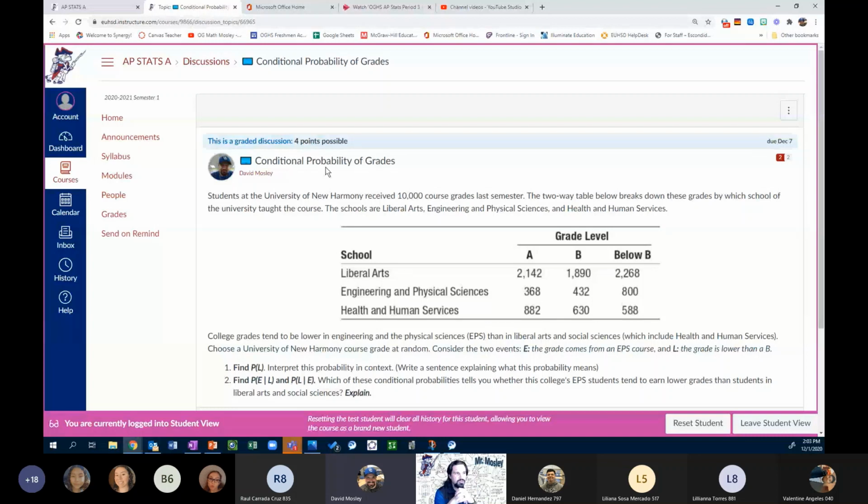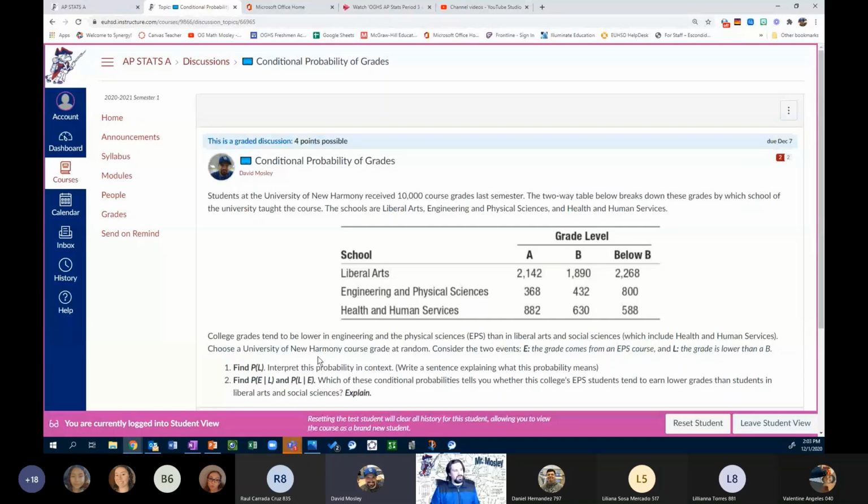The schools are liberal arts, engineering and physical sciences, and health and human services. And so then we have the two-way table here between school and grade level, A, B, or below B. College grades tend to be lower in engineering and physical sciences, which they're labeling as EPS, than in liberal arts and social sciences, which include health and human services.